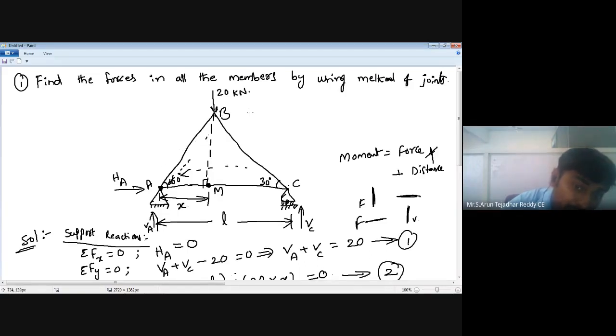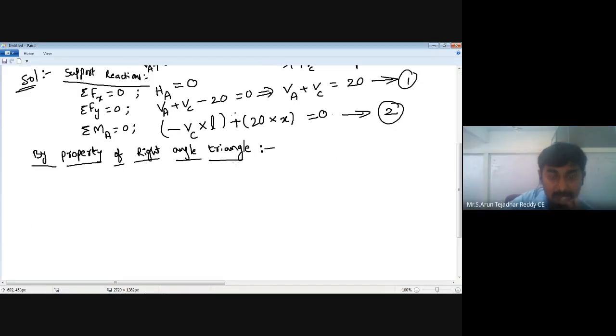After calculating the AB distance, I will apply it to the right angle triangle. So first calculate triangle ABC.